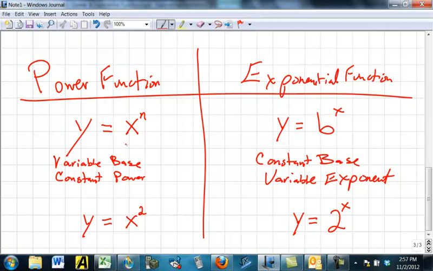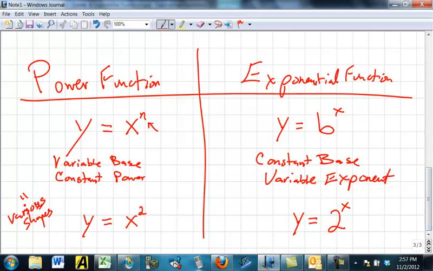Now we have various shapes over here. We actually had 11 different ones, depending on what n was, determines the shape. Over here we really basically have just one shape or two shapes. Okay?